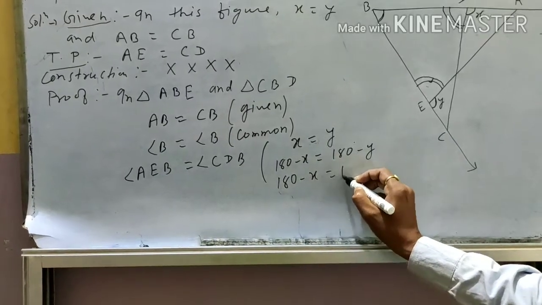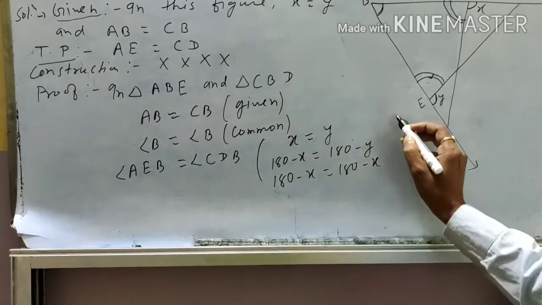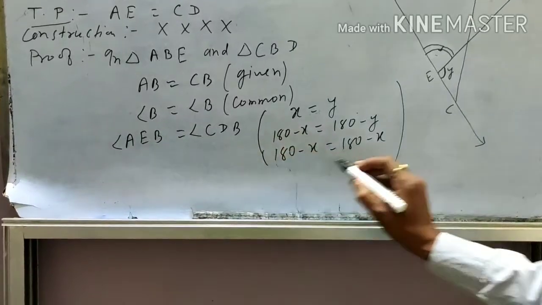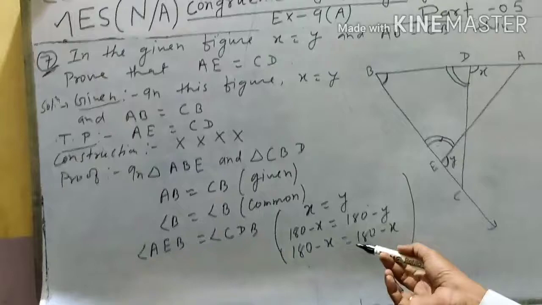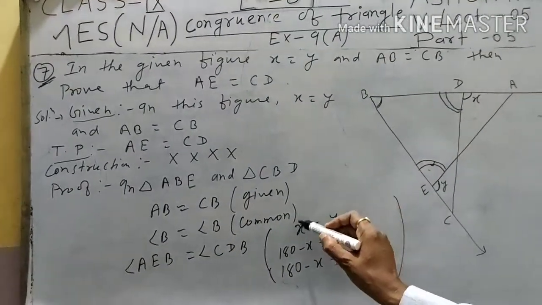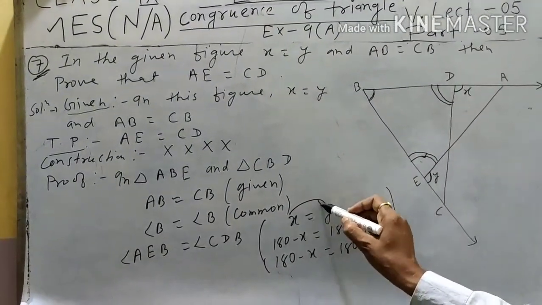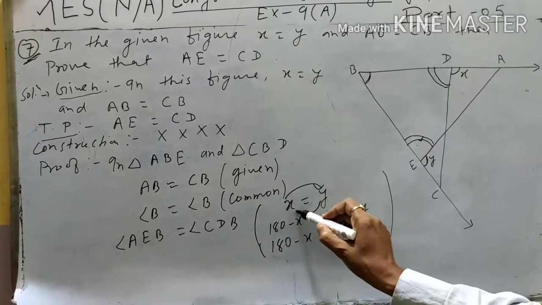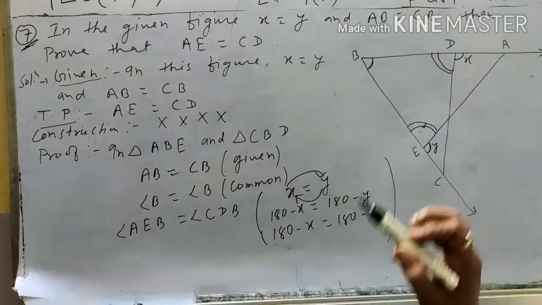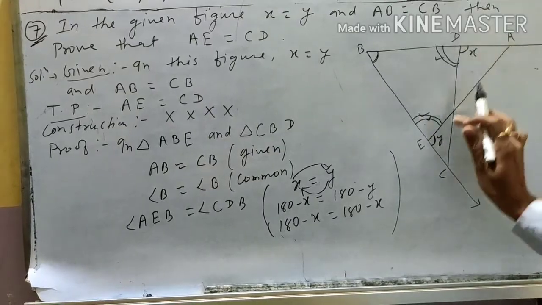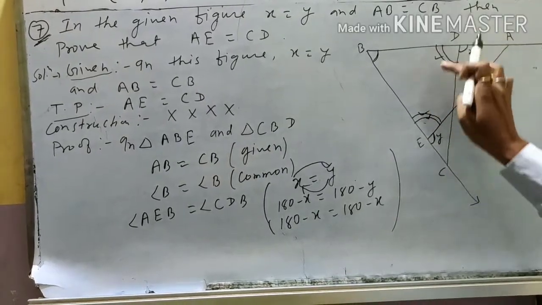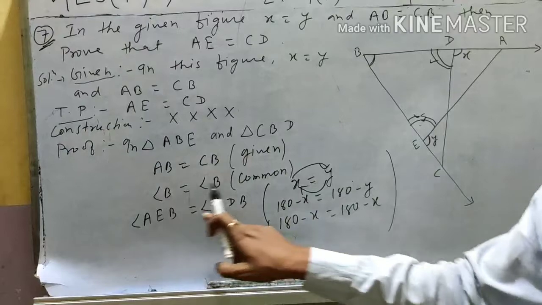Put in place of x the value of y, and in place of y the value of x. So both angles are the same. If x and y are the same, then these two angles are also the same.